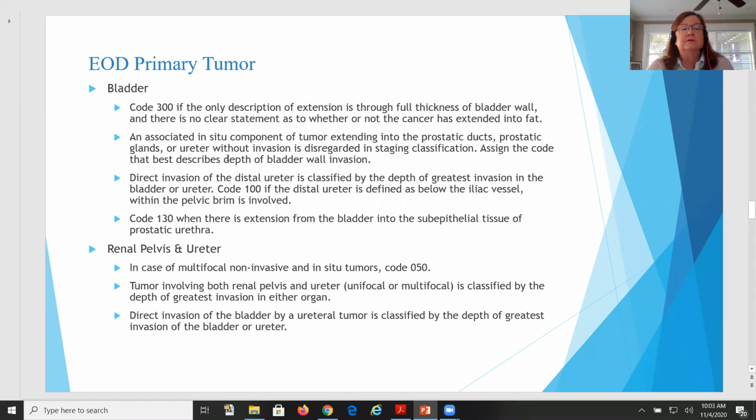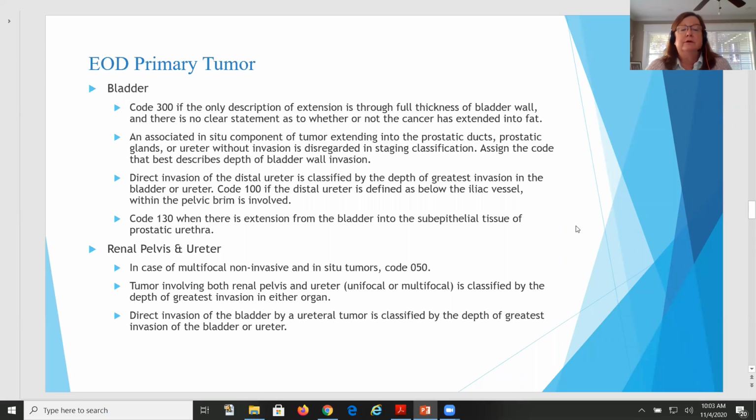These other instructions in these bullet points, I'm going to leave you to those on your own, but they basically say that when you're coding invasion, when you have bladder that's extended to the ureter or the urethra, you want to code the invasion based on the depth of invasion and not to the extent of the neighboring organ.